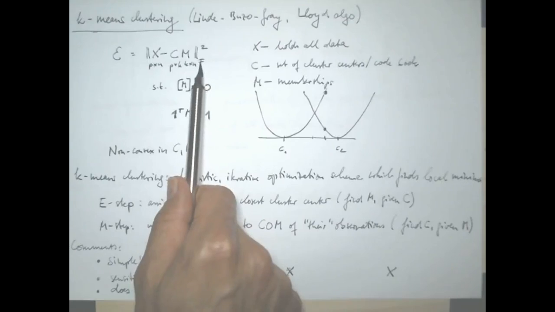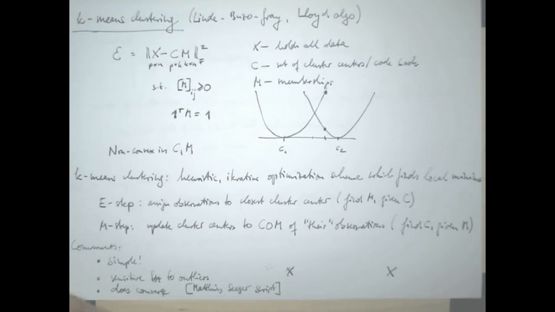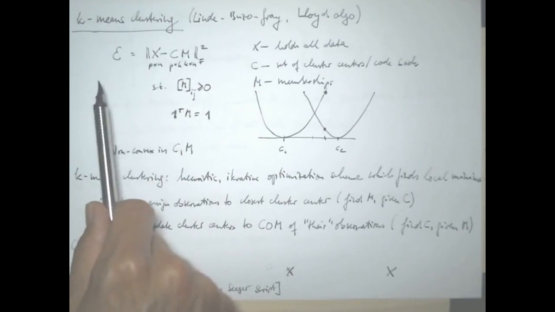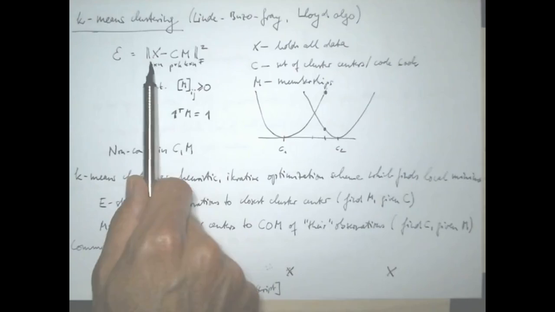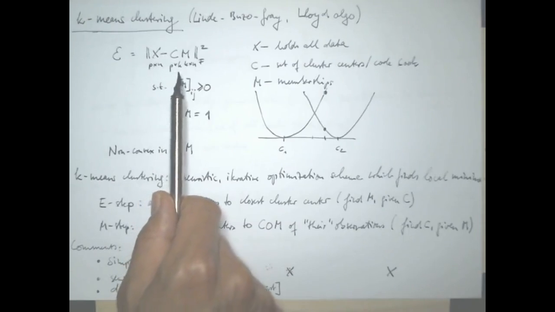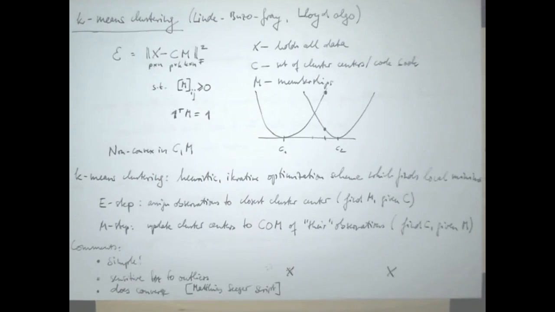So I wrote the Frobenius norm squared, which if you sum it across one of the columns here, will give you your squared Euclidean norm between your original observation, which was one column of x, and your approximation, which is one row of C. No, it's all rows of C multiplied with one column of M. And if you used other metrics, then these steps would no longer be optimal.